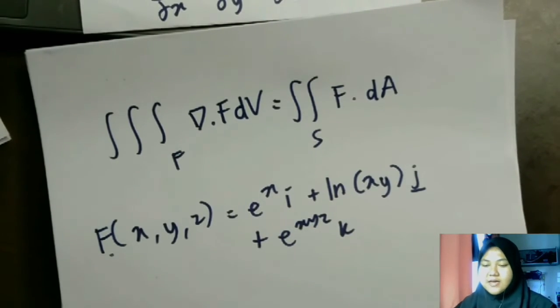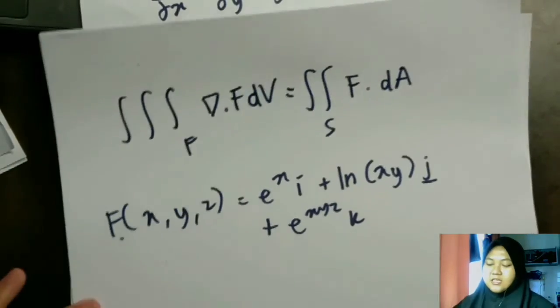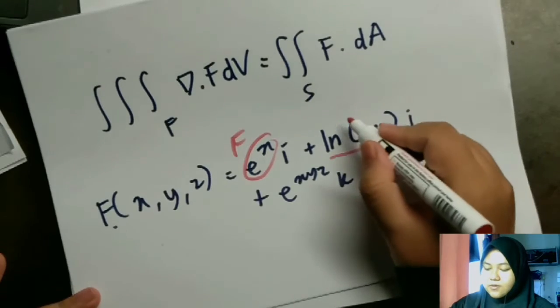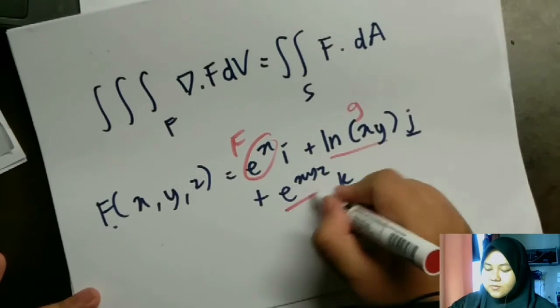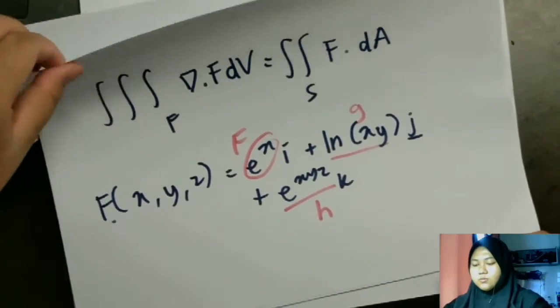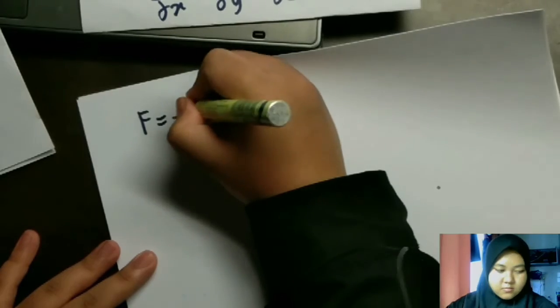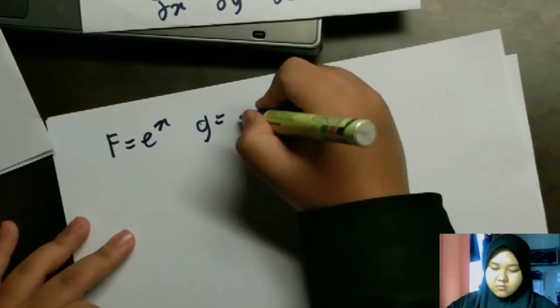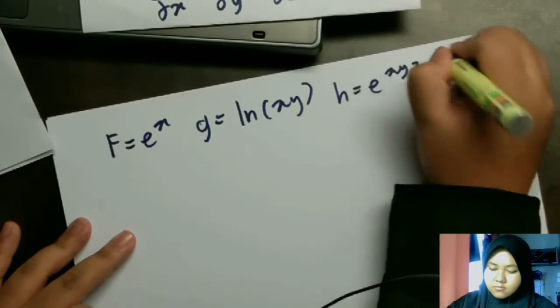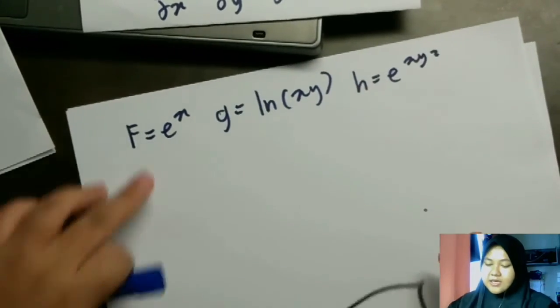Before that, we must find f, g and h. So e to the x is f, ln xy is g, and e to the xyz is h. I will rewrite it on another paper. So this is the f, g, h.